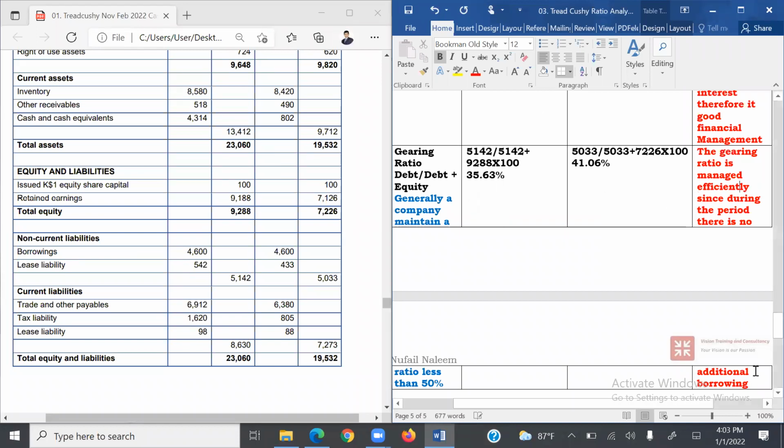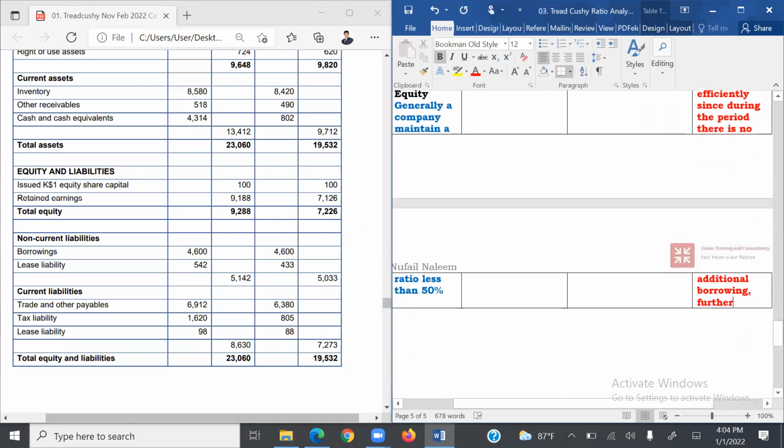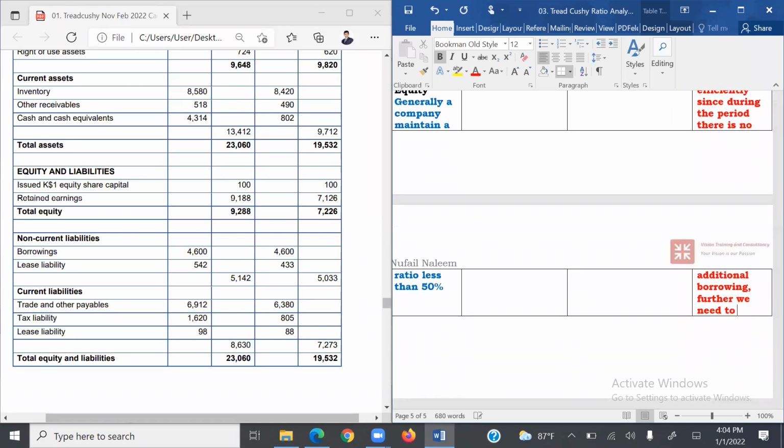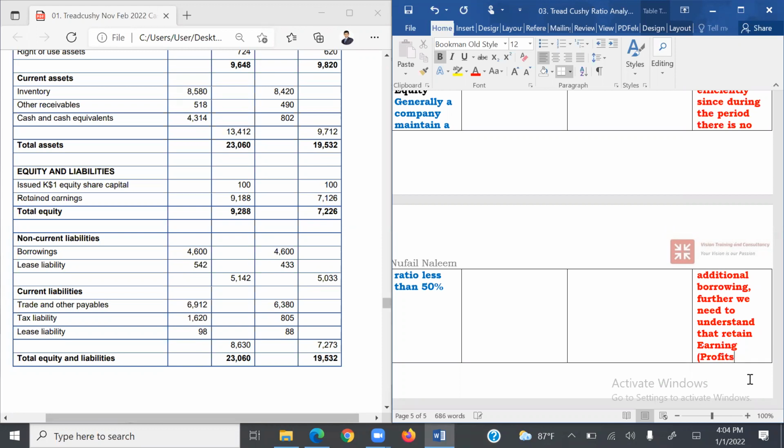Keep that in mind. And I will also continue further, we need to understand that the retained earnings, that means the profit. Retained earnings means profit. Okay, students. So I'll write down here retained earnings, and within brackets I'll mention profits are increasing.